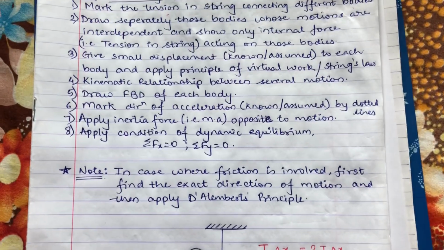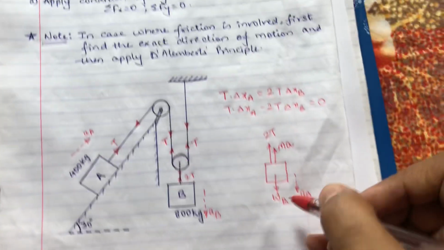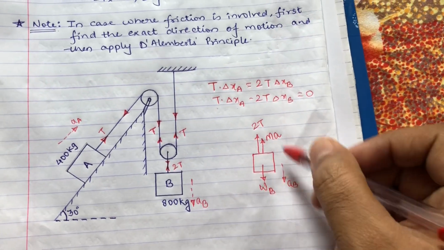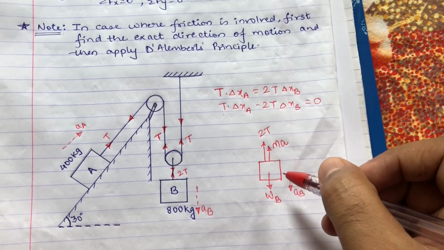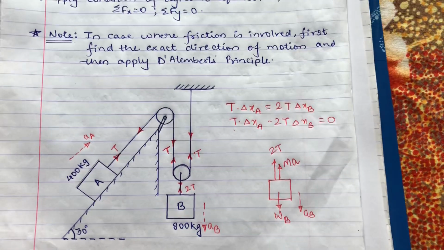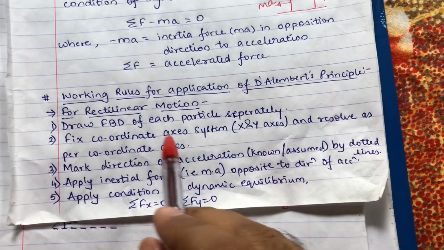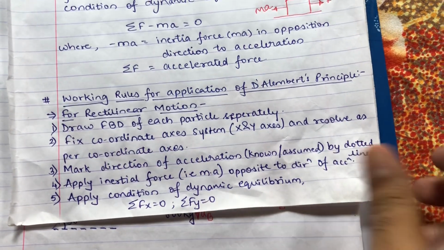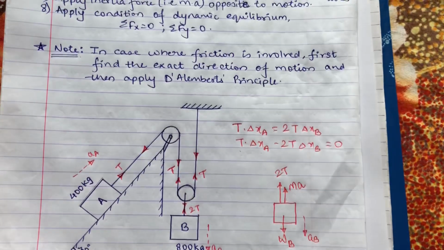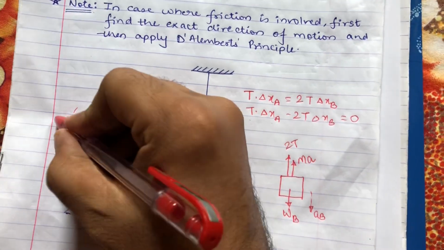Now coming to next, apply condition of equilibrium, summation F of x and F of y. We'll apply here summation F of y and write the equation for the same. Okay, one more important part mentioned here is fix coordinate axis system and resolve as per the coordinate. For this particular body, the coordinate axis will be like this.